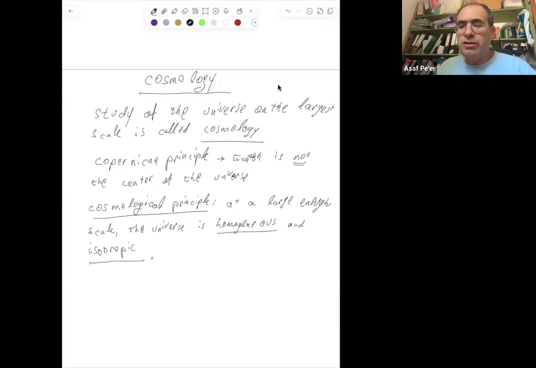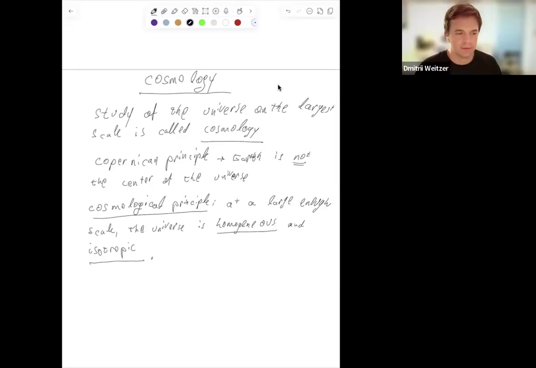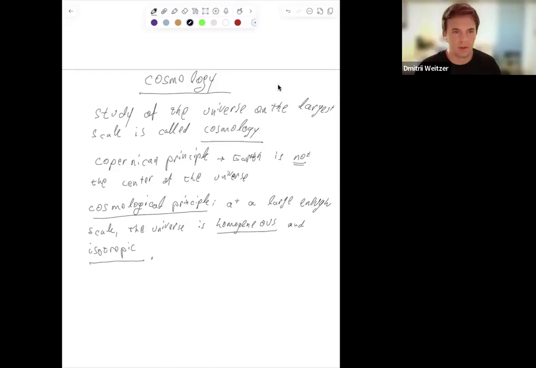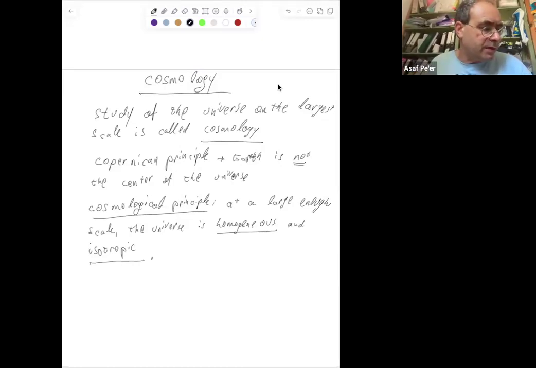So what is homogeneous? The density of matter is the same everywhere in the universe. Yes. And what is isotropic? The direction is the same. Everywhere we look, it's the same. Exactly.